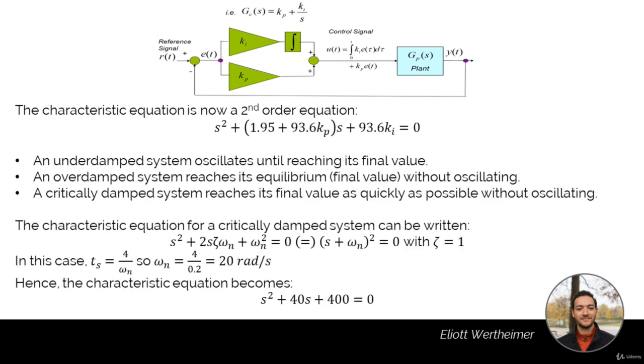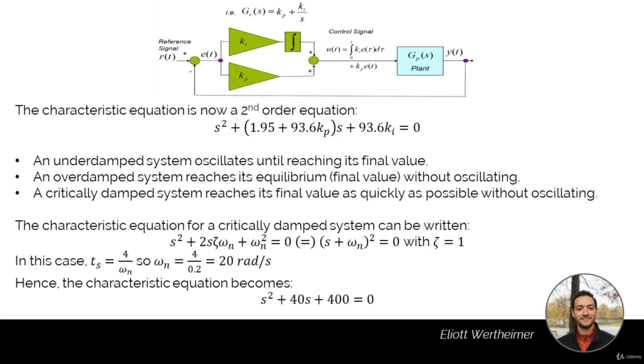You should remember that the characteristic equation of a system gives us a lot of information about its behavior, and it can be found by equating the denominator of the closed loop transfer function to 0. So in this case, that gives us s squared plus (1.95 plus 93.6 Kp) multiplied by s plus 93.6 Ki equals 0.